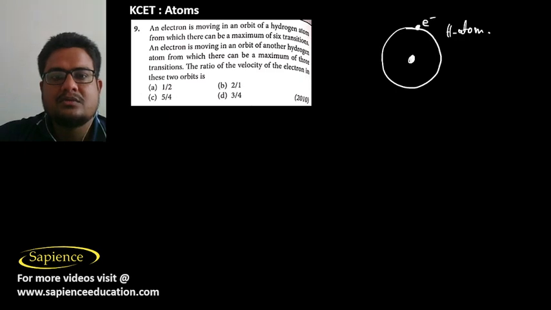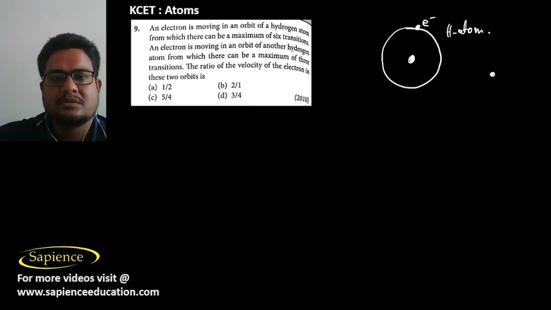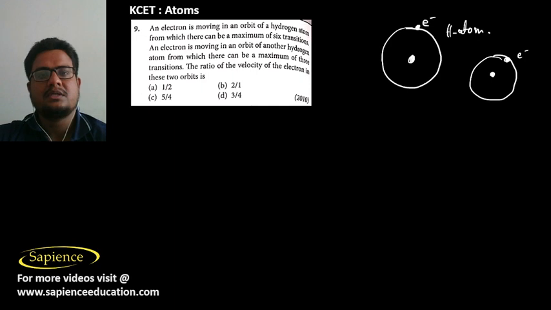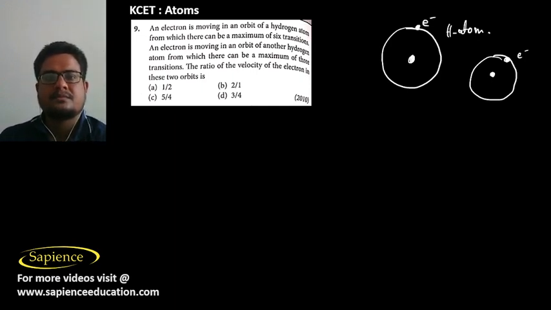An electron is moving in an orbit of another hydrogen atom, from which there can be a maximum of 3 transitions. The ratio of the velocity of the electron in these two orbits.